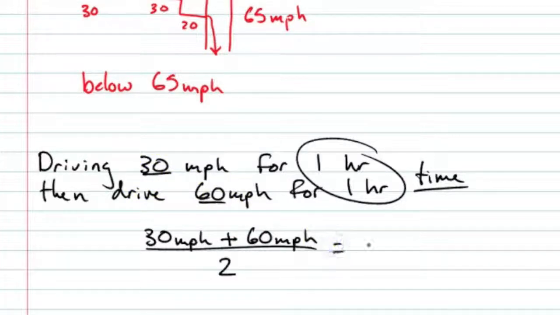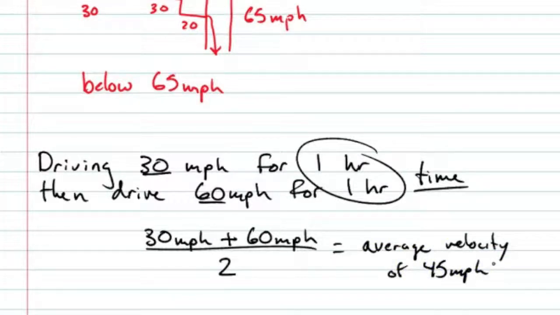So that's going to come out to an average velocity of 45 miles per hour. So even when we looked at the end of this, you would have been going 60 miles per hour. The average velocity over that trip was 45.